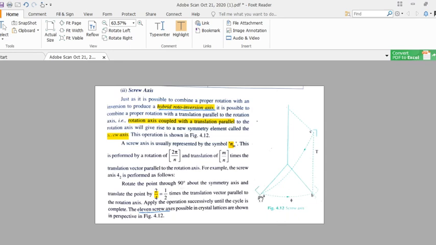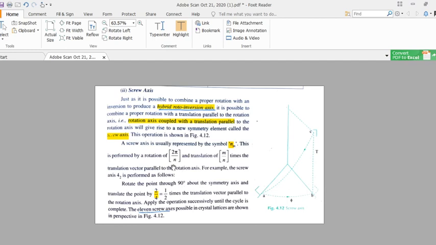So from lattice length A to lattice length B, if I move from the x axis to the y axis, then a rotation of 90 degrees is needed. So to achieve 90 degrees I should use 2 pi divided by 4.